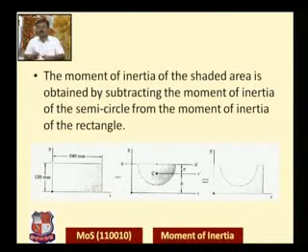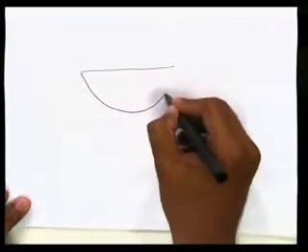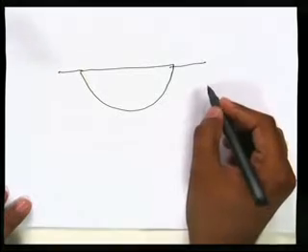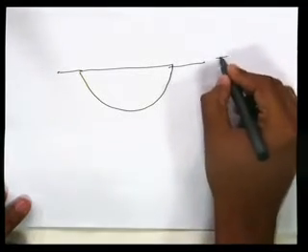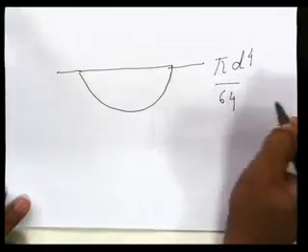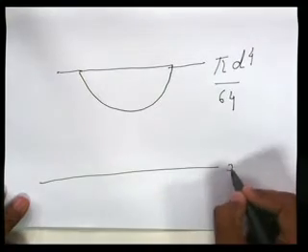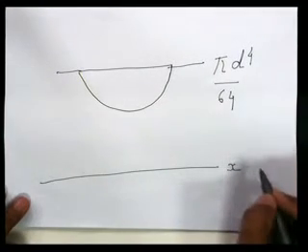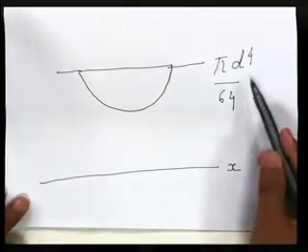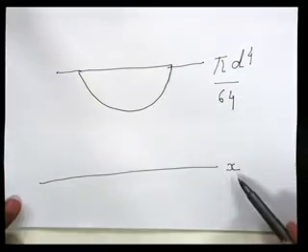the two standard axes. Say this is the semicircular section, and along the diameter, the value of the moment of inertia is pi d raised to 4 by 64. And we want to find the value of the moment of inertia about the x-axis. So we cannot simply transfer the values of moment of inertia from the diameter of the semicircle to the x-axis.